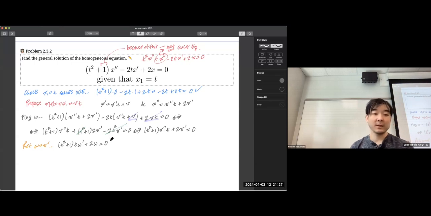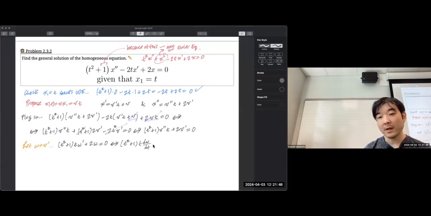This is a constant coefficient first order differential equation, but it's separable, I believe. So if you took the w prime and made it dw over dt, so it'd be t squared plus 1 t dw over dt. And then we can shove the other term to the other side, so minus 2w.